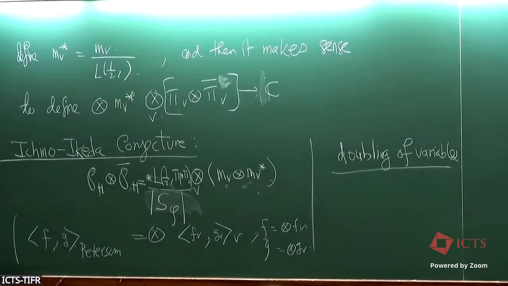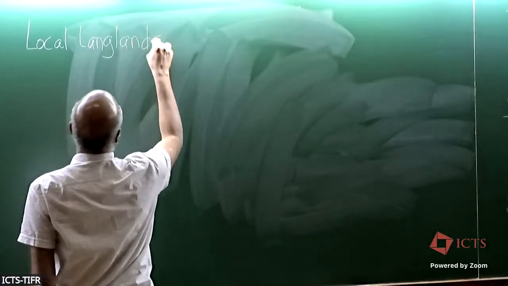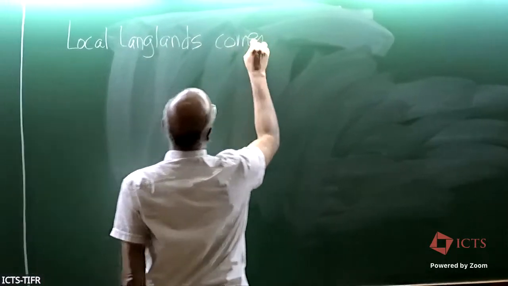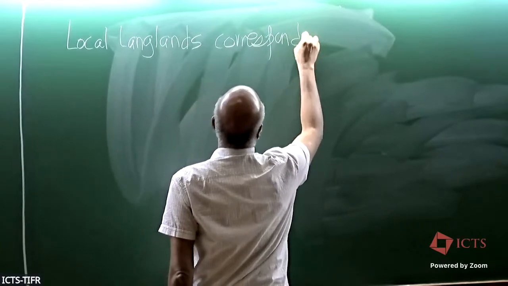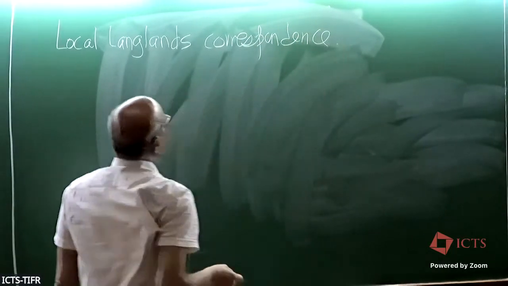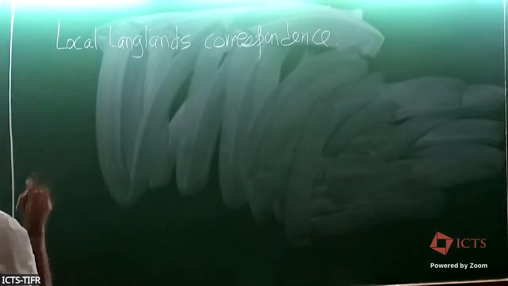And the only known way to parameterize is what is called the local Langlands correspondence. So for some time, I want to discuss this.